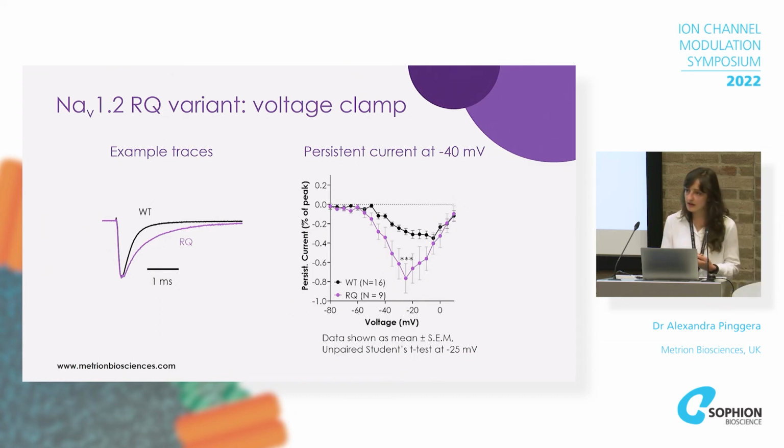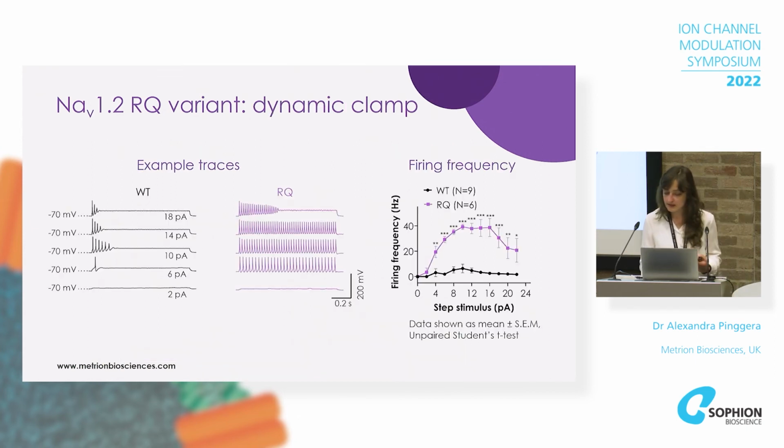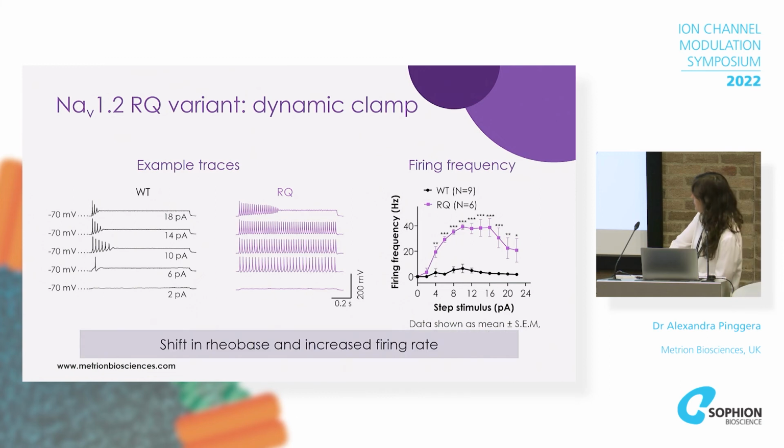So I think all of you would agree that this mutation shows clear features of gain of function. And indeed, when we did our dynamic clamp experiment, we can see that the mutation increases the firing frequency over a wide range of current steps, and that's also shown here, and it also shifts the rheobase.